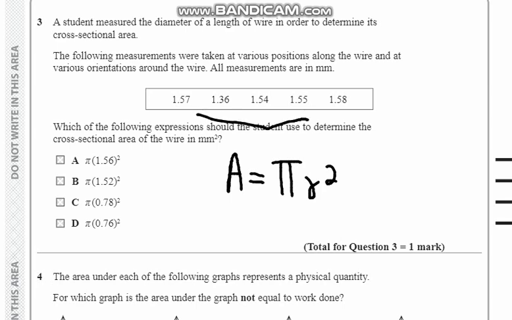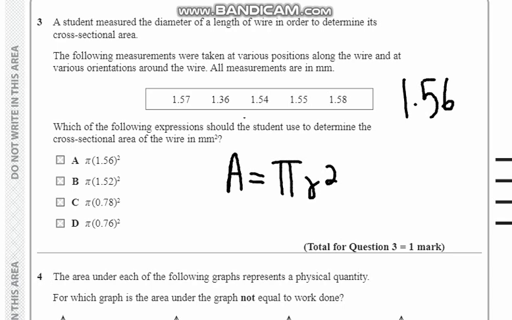So first we will take the mean. Before even attempting to take the mean, we can clearly see that 1.36 is an anomaly, because it's not even close to the values like 1.57 and 1.54. So now we are left with 4 values. When we add these 4 values we get 6.24, and to get the mean we divide by 4, which gives us a mean diameter of 1.56.